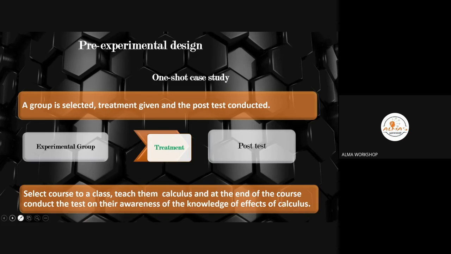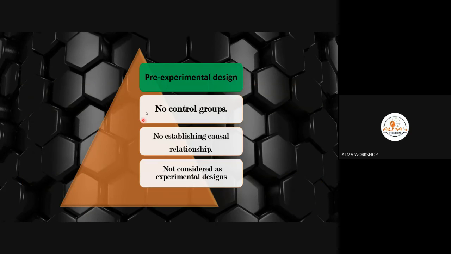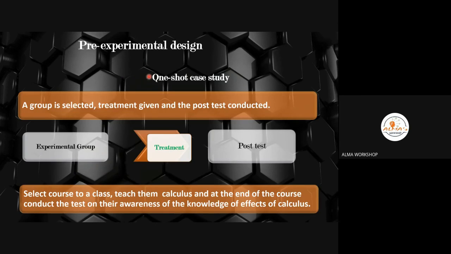That is the condition for pre-experimental research design. You cannot establish a causal relationship. It is not considered an experimental research design, but it is one of the examples: a one-shot case study, where you have a class, give treatment, teach calculus, and give them a test.